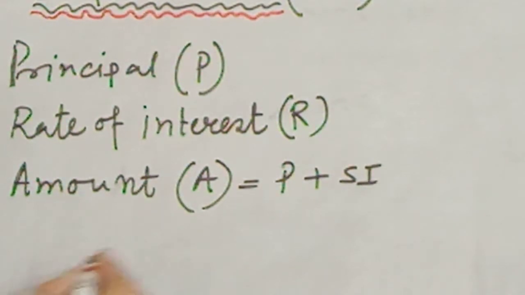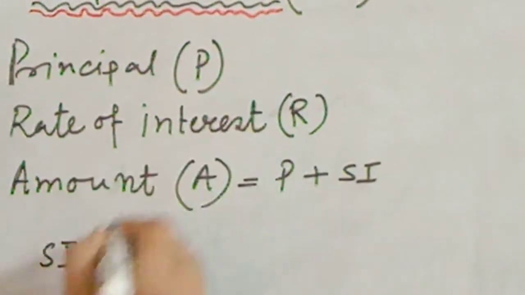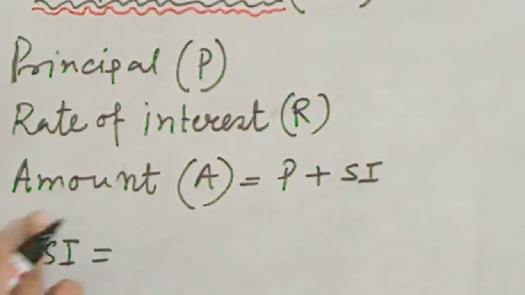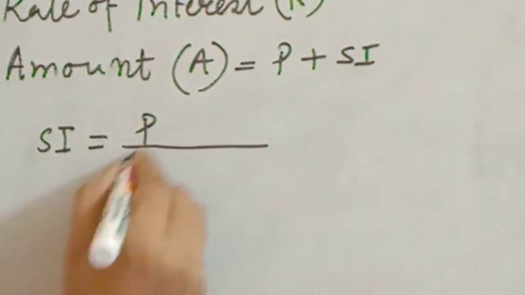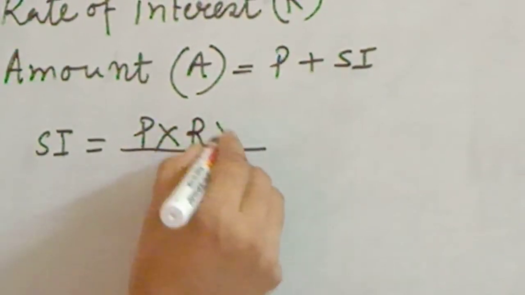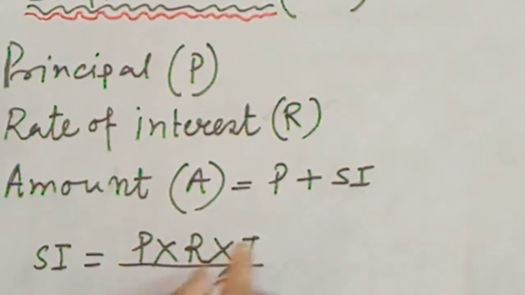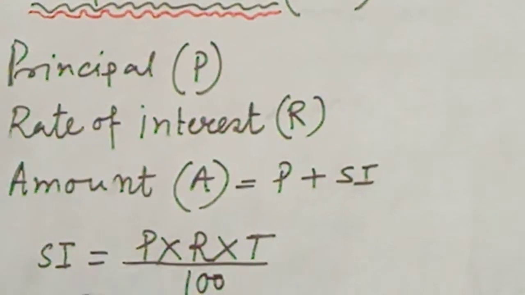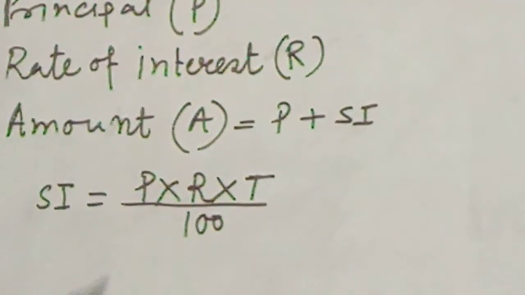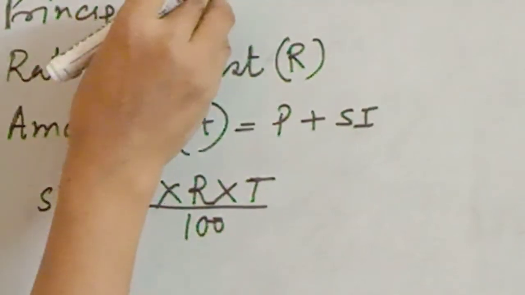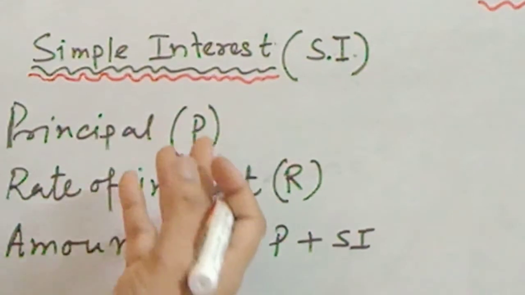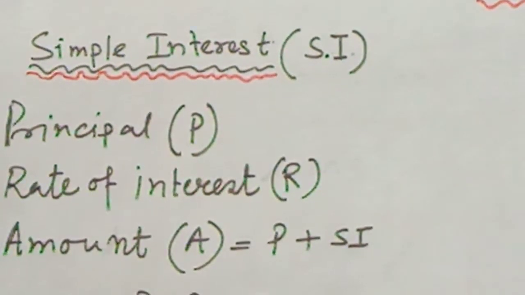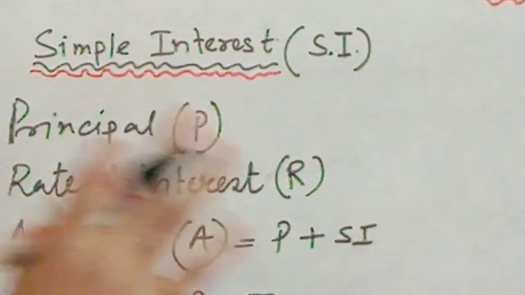Now when you have to find the simple interest on any amount, say principal is P, what you have to do is P for principal into R for rate into T, PRT by 100. So when we are finding simple interest for any amount of money, which is known as principal, the amount we have taken as a loan or deposited in a bank.